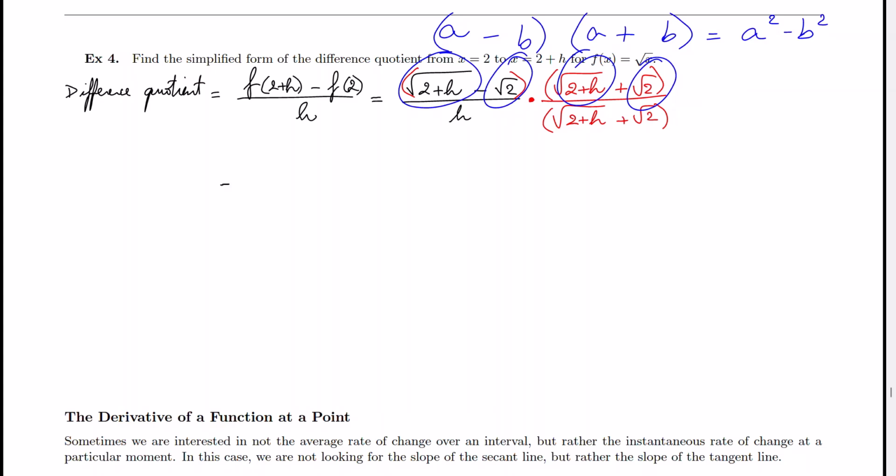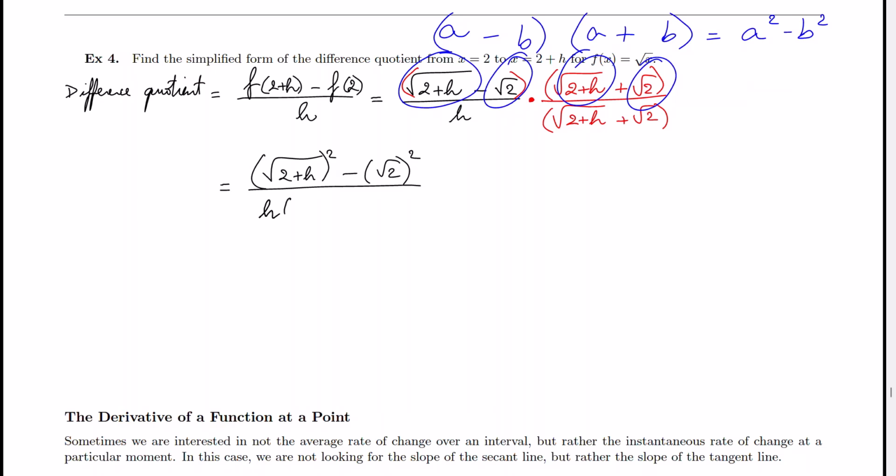So in my case here, when I multiply the a minus b with the a plus b, what's going to end up happening is I'm going to end up with 2 plus h, all of it squared, minus the square root of 2, all of it squared. That's technically what I'm supposed to do because my formula says to square the bases and then subtract them. This is known as the difference of squares formula.